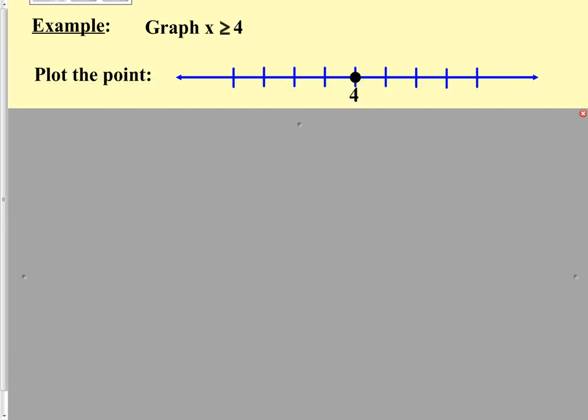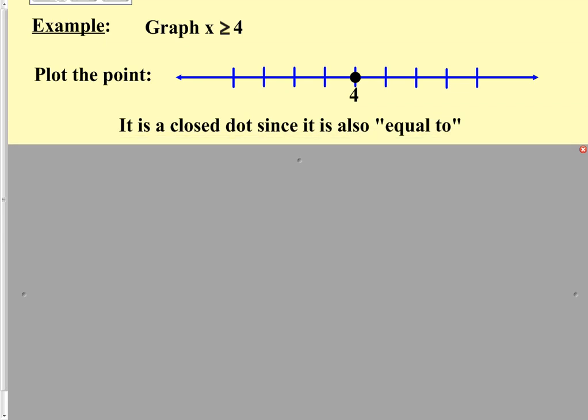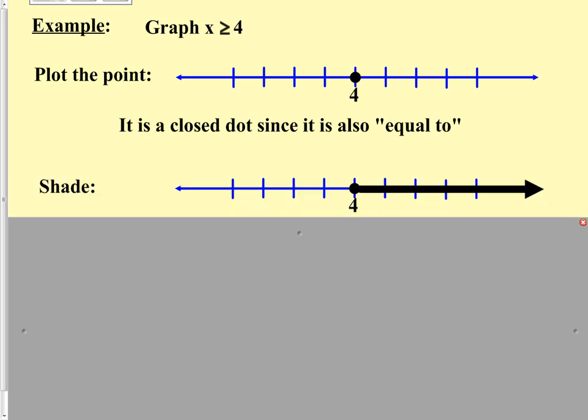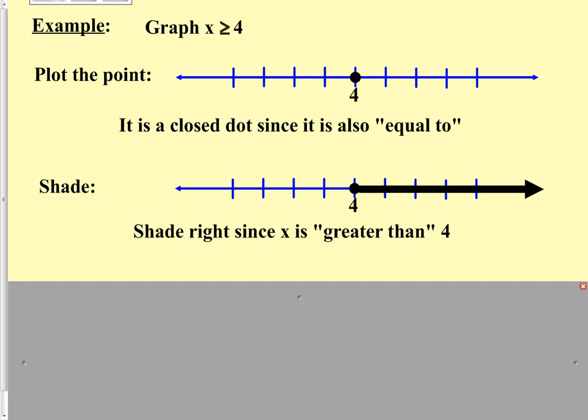This time it will be closed, and it's a closed dot because of the equal part of the inequality. And which direction will we shade? The inequality says x is greater than or equal to 4. So where are the greater than or equal to values? They are to the right. Okay, and again, you could read it from right to left and say 4 is smaller than or equal to x.